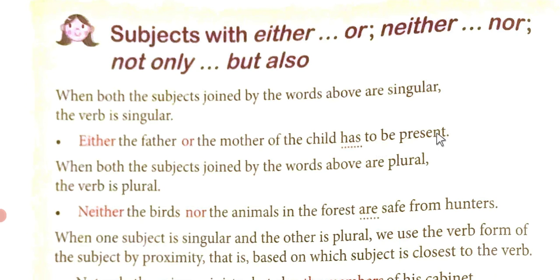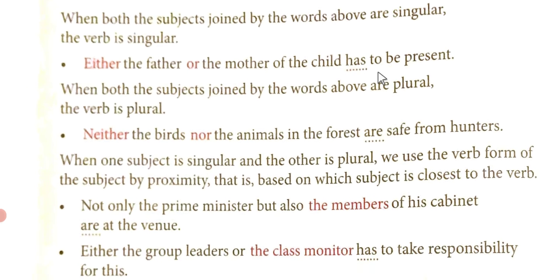Either the father or the mother of the child has to be present. Here the verb is also singular. When the subjects are joined by "either...or", we use a singular verb, because both the subjects are singular.